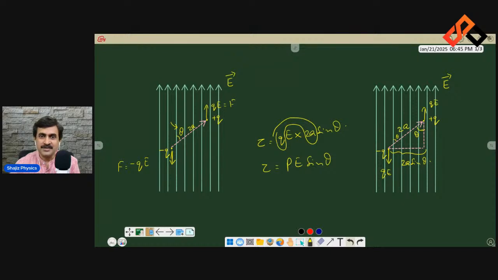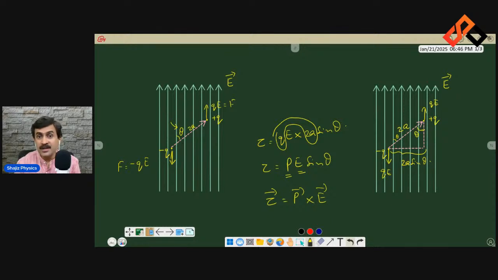Here, what are the vectors? One is the electric dipole moment. The second one is the electric field. Both are vectors. Okay, so we can rewrite this equation as torque is equal to P cross E vectorially. This is the vector representation of this particular situation.